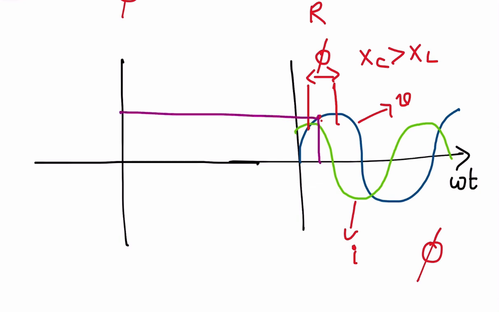Then the voltage phasor you can draw like this, which makes an angle omega t1 with the x-axis at any instant of time t1, whereas the current is leading by an angle phi.